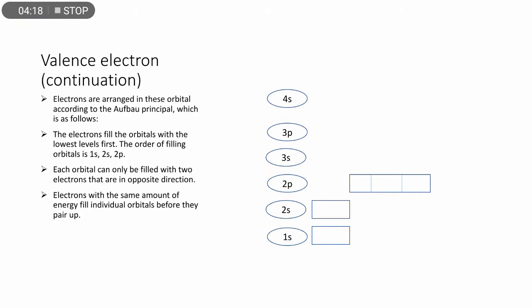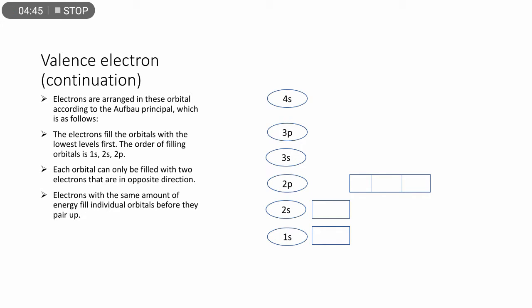With the continuation of the valence electron subsection, electrons are arranged in these orbitals according to the Aufbau principle, which is as follows, and I have made an Aufbau diagram to at least give you an idea of what an Aufbau diagram is.